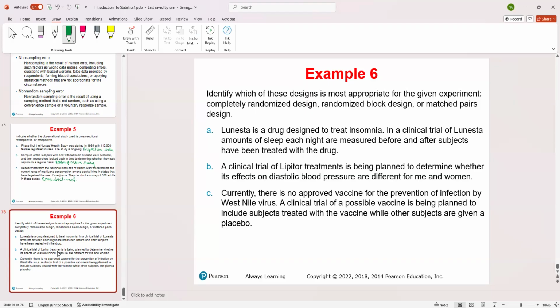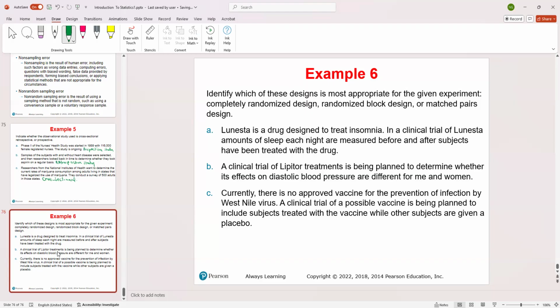Randomized design, we said, assigns subjects to different groups through a process of random selection. A randomized block is a group of subjects that are similar but blocked in ways that might affect the outcomes.